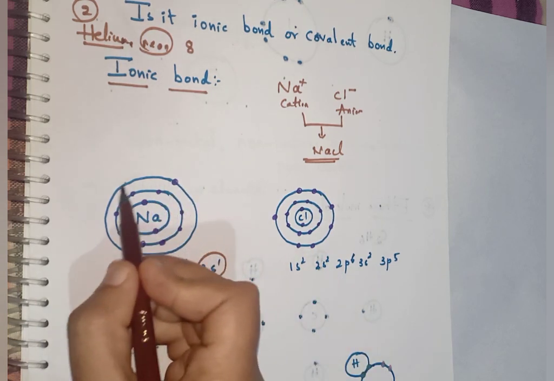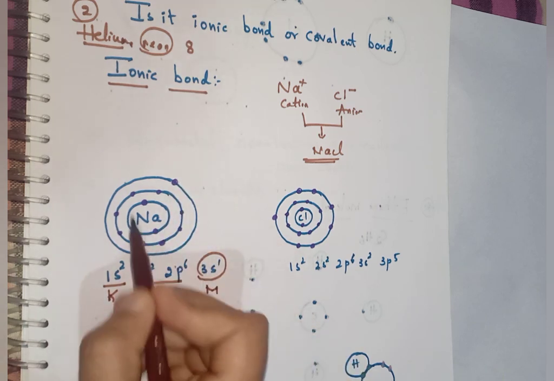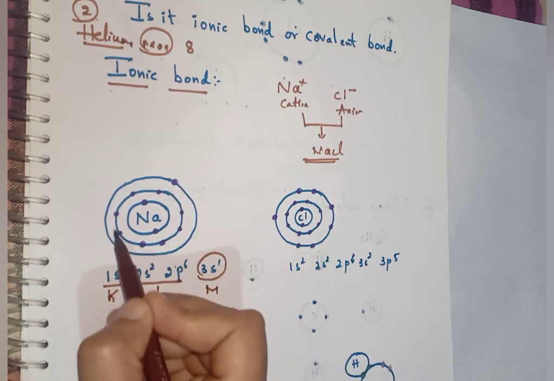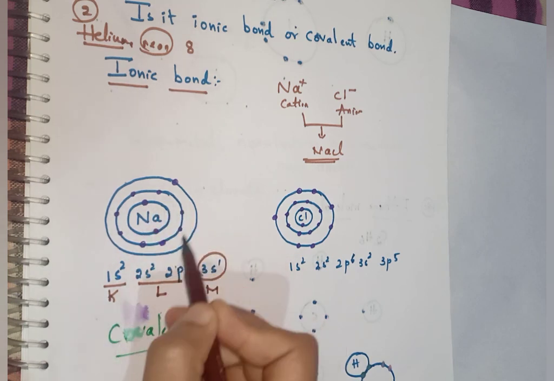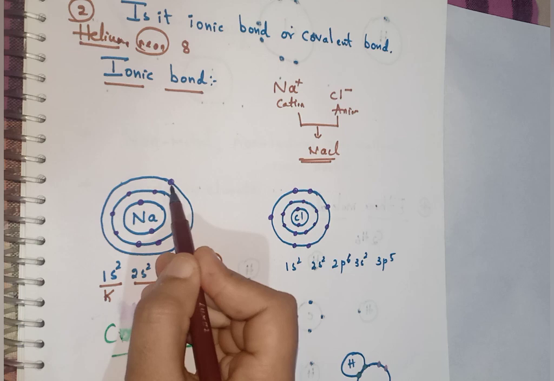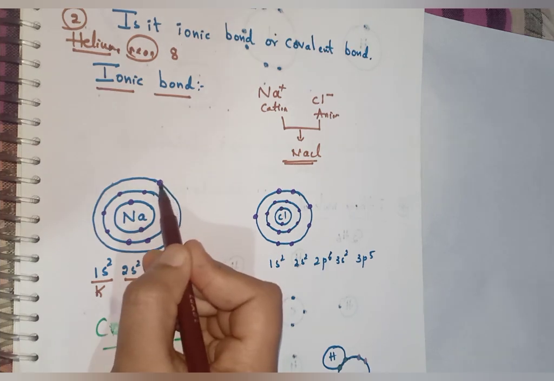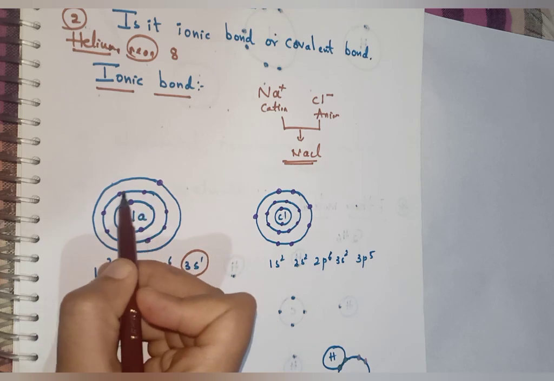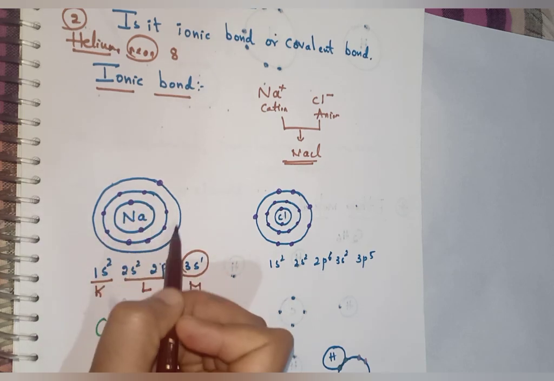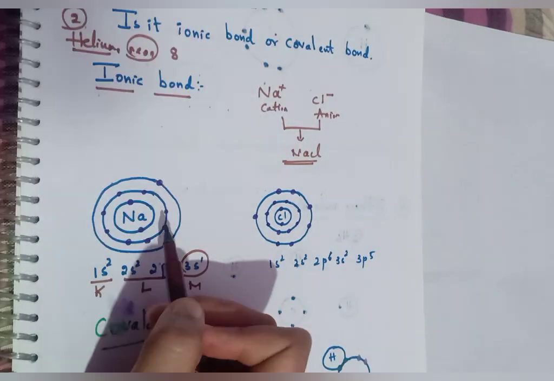That is why I represented 1 electron in the outer shell. So in the first K shell 2 electrons are present, in the second L shell 8 electrons are present, and in the final outer shell only 1 electron is present. If this electron leaves, then the outer shell will contain 8 electrons, then also it will attain noble gas configuration.